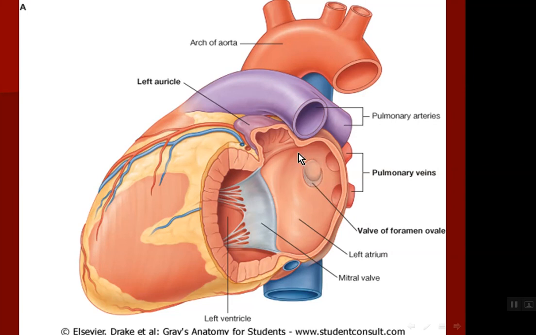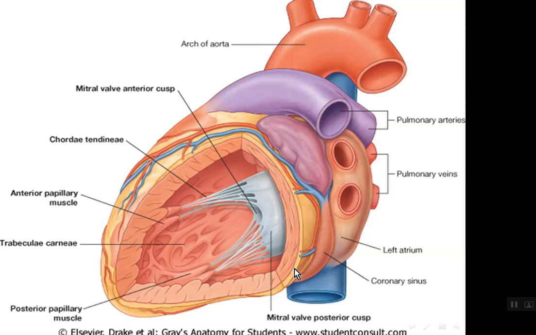As you see, the foramen ovale and the part of the atrium and ventricle in the left. The left ventricle is connected with the aorta, but the right ventricle is connected to the pulmonary arteries because, as I said, we need to refresh the blood.